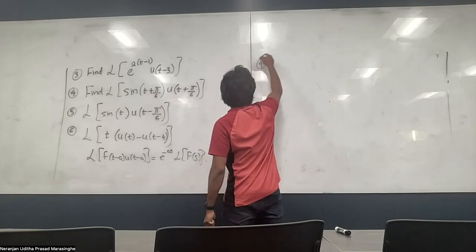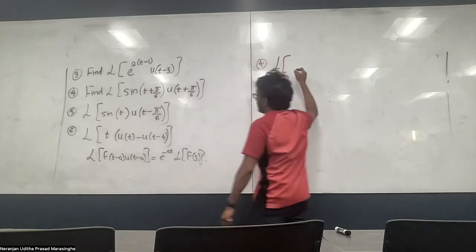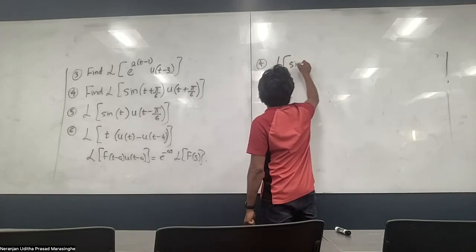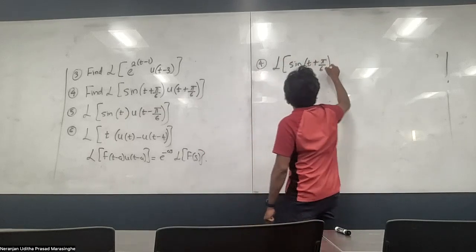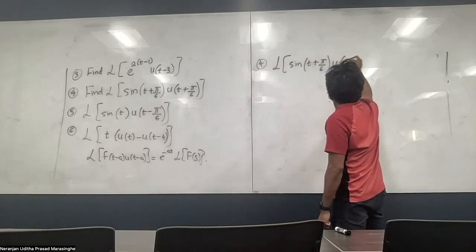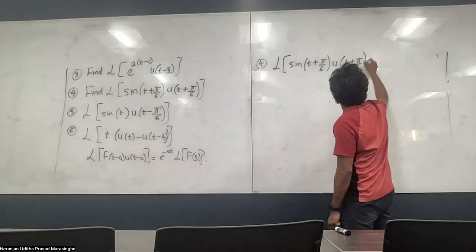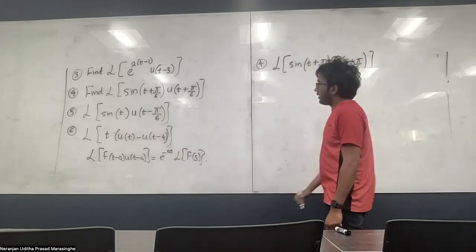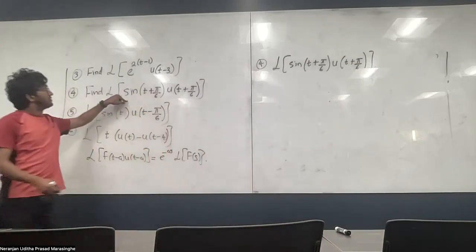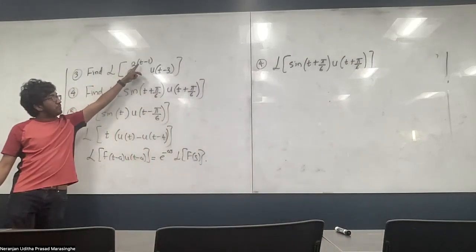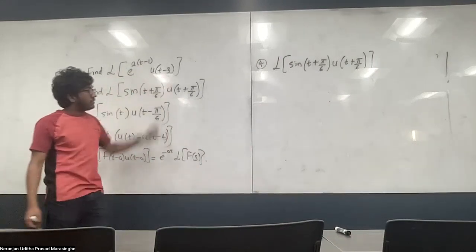The fourth problem is find the Laplace of sine(t plus pi over 6) u(t plus pi over 6). Now, in this case, there would be no problems, right? Because in the previous case, the problem was that here I had t minus 1 and here I had t minus 3, right?